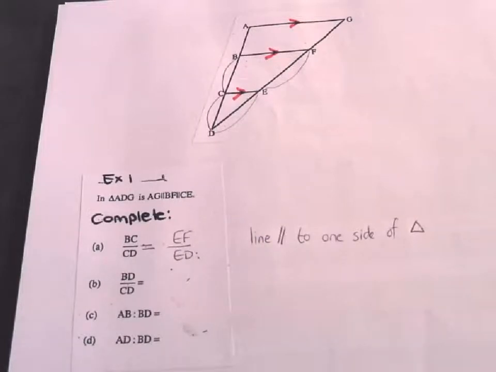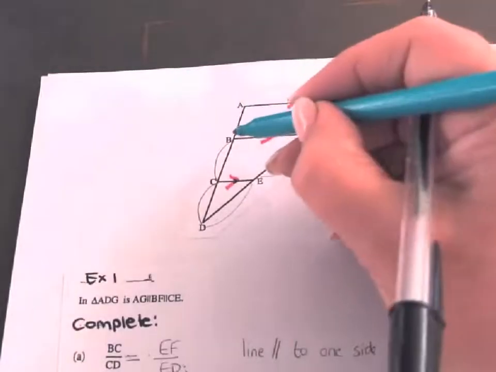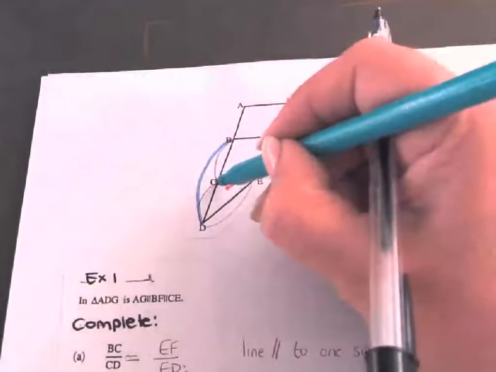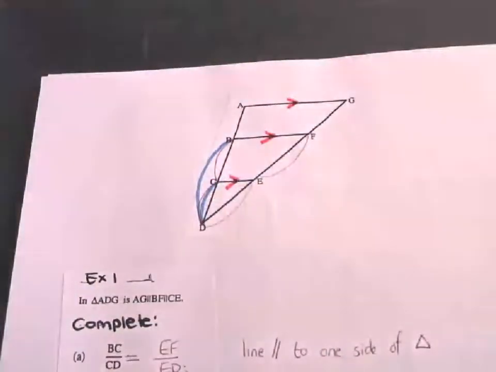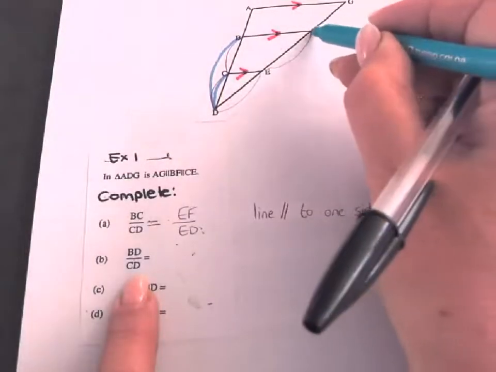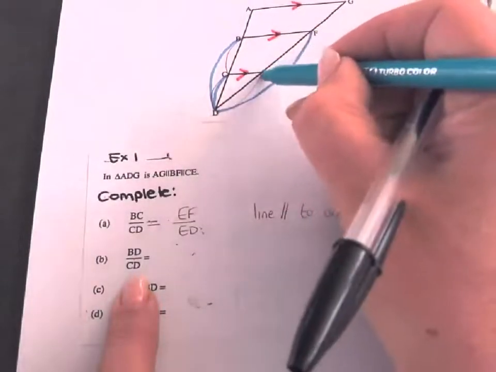Now let's look at number B. BD, this one, divided by CD, that one, will be equal to FD divided by ED.